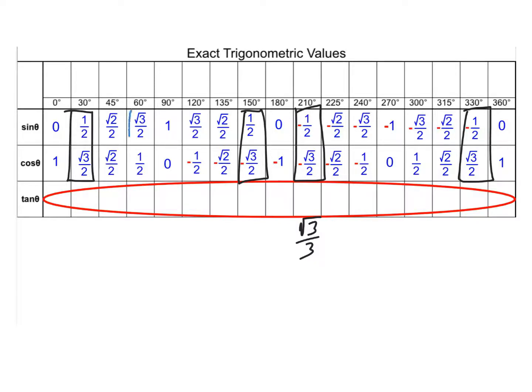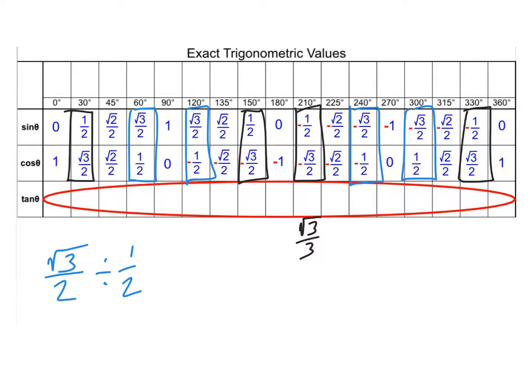But then what about this root 3 over 2 divided by 1/2? Because that one comes up 4 times, and again, it's going to be the same answer. It's just going to be a question of if it's positive or negative. So let's take a quick look at the work you would do to get that. So root 3 over 2, we're dividing that by 1/2.